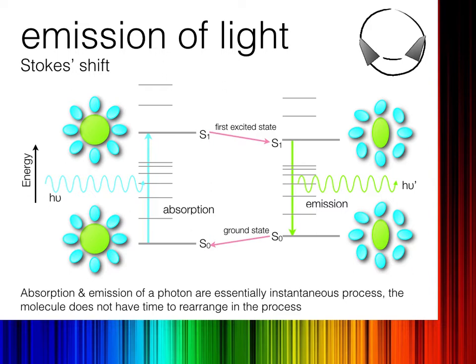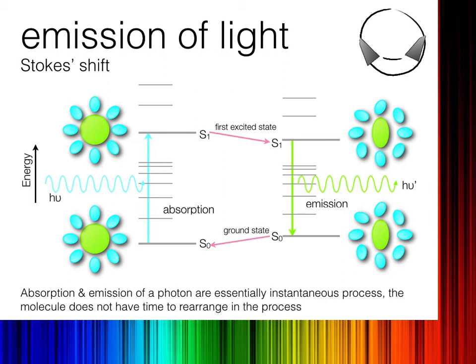Given a few picoseconds, this can then relax into an optimized excited state. But as I optimize the excited state, I de-optimize the ground state. When light is given out, it now has a lower energy gap or longer wavelength than when light is absorbed.